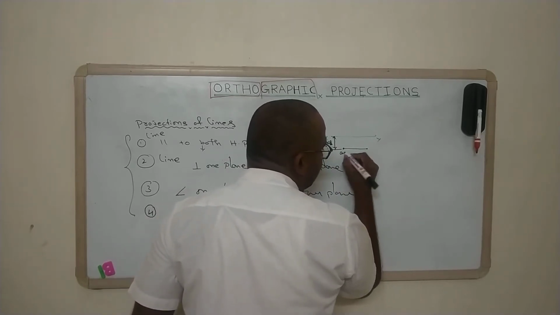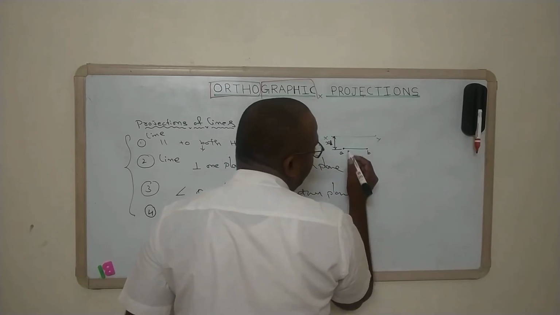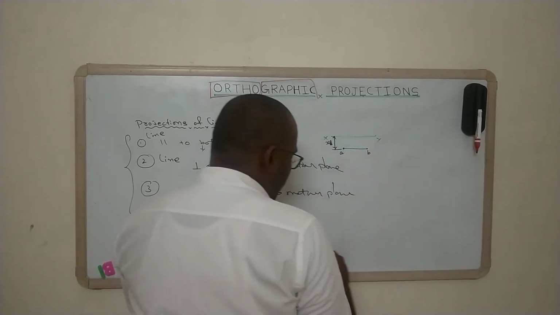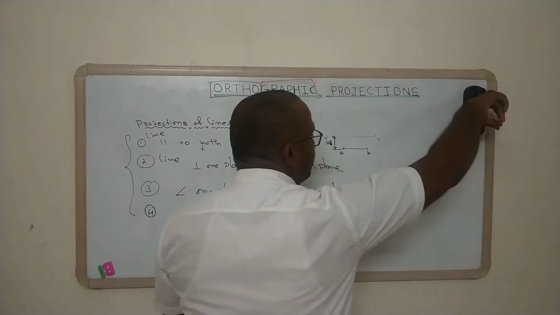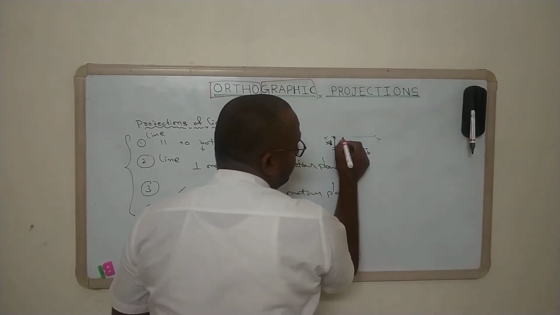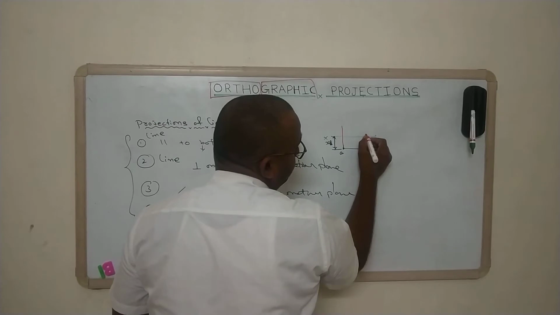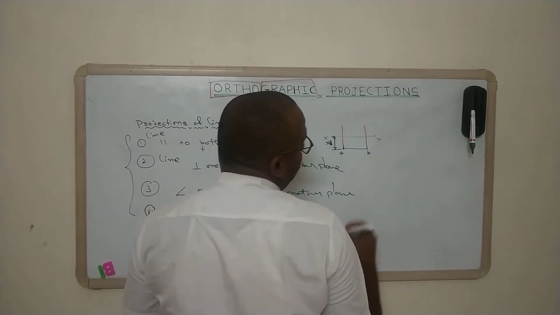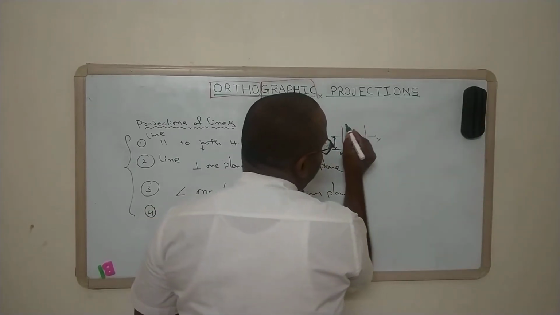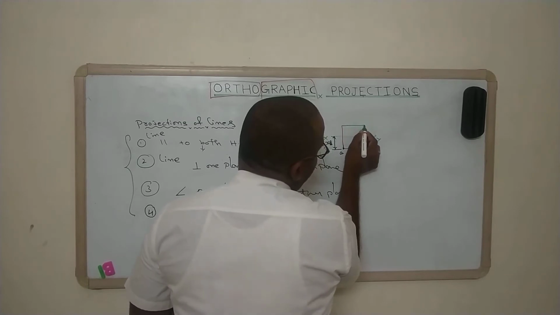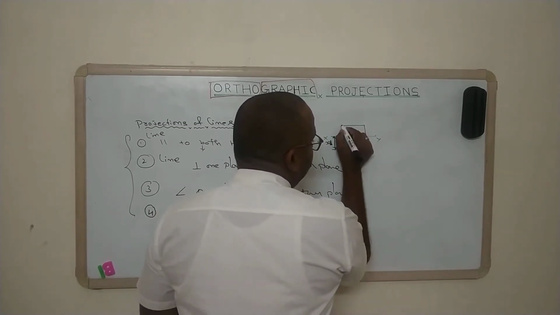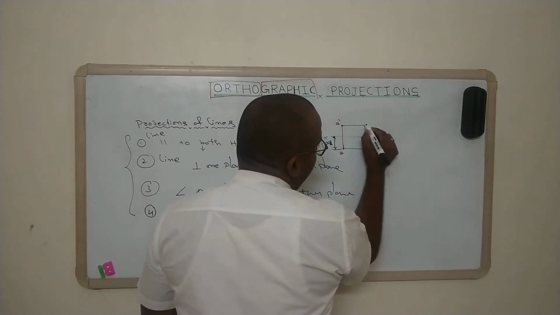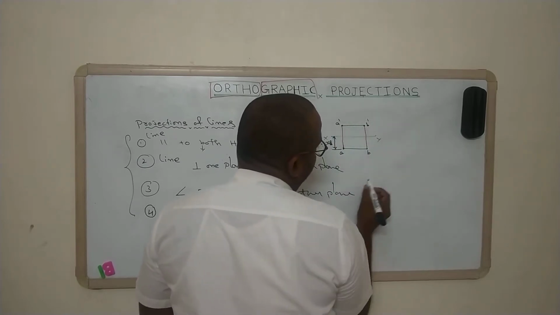So here it is A and then B, the end point B. Then we need to project those points upwards. Here it is A dash and then B dash.